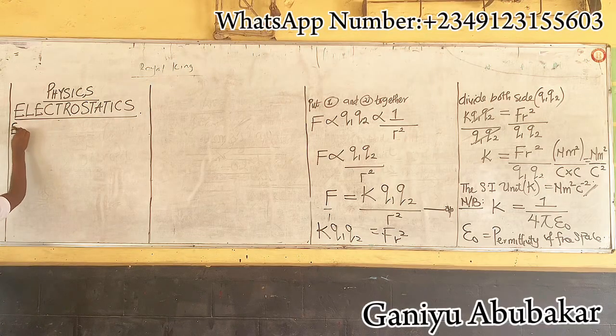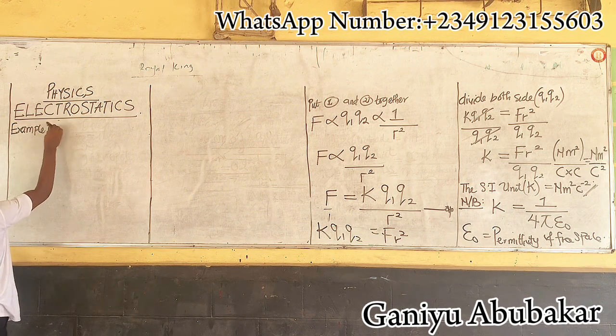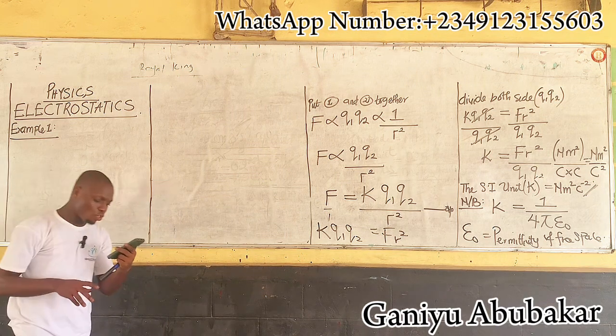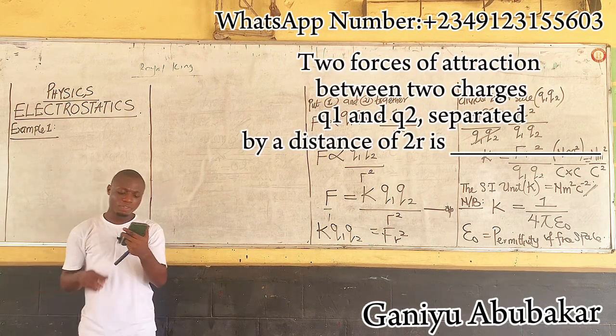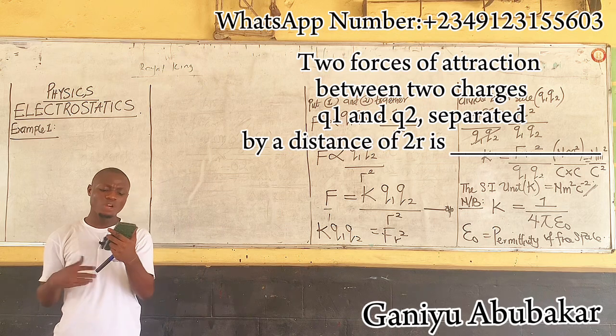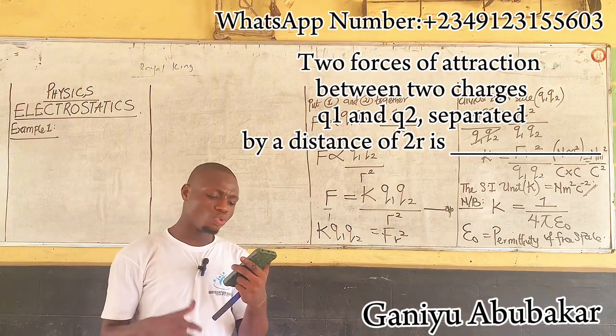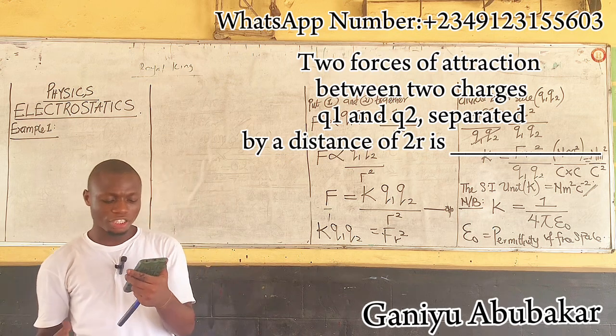Example 1. Let's do example 1. It says that the force of attraction between two charges Q1 and Q2 separated by a distance of 2r is dash.